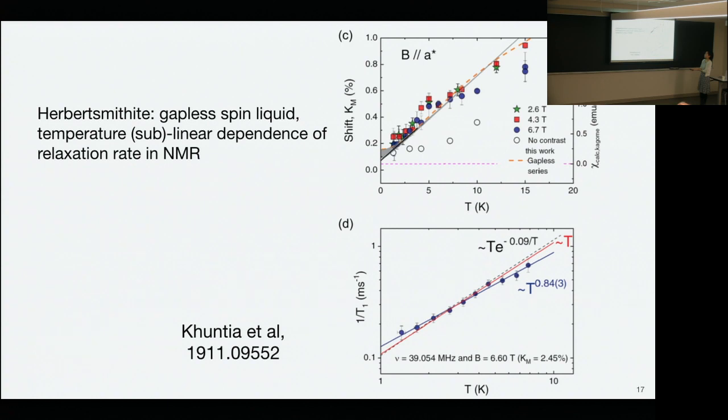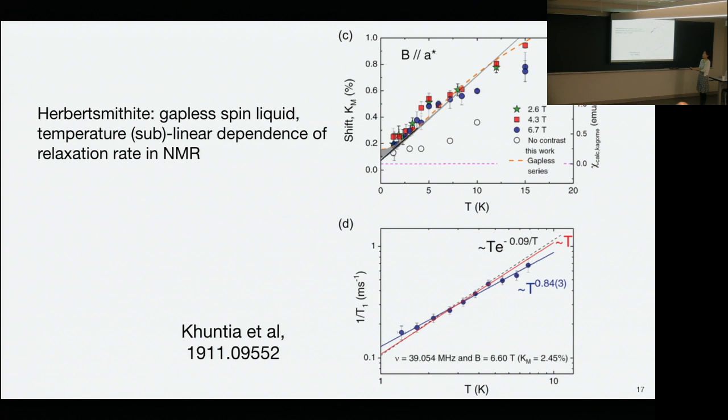Recently, there is promising progress on both the carbon lattice and the triangular lattice. So on the carbon lattice, a French group finds that the archetypal system Hilbert's mean-site has a sublinear temperature dependence of the relaxation rate in nuclear magnetic resonance measurements.